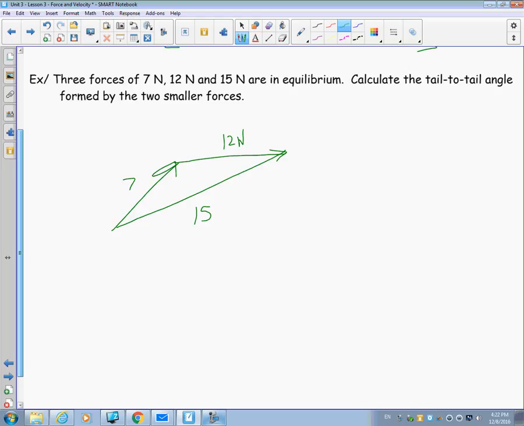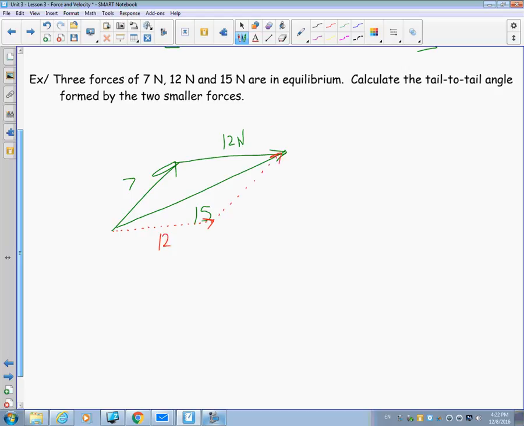I want to figure out the tail-to-tail angle formed by the two smaller forces. So how am I going to do this? Well, the two smaller forces aren't connected tail to tail right now, are they? To balance them out, I had to make it into a triangle. So where is the tail to tail angle? Well, I can do my parallelogram idea.